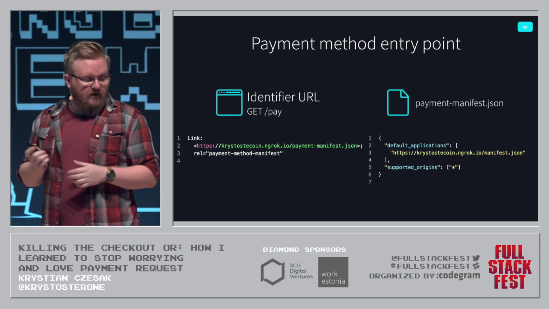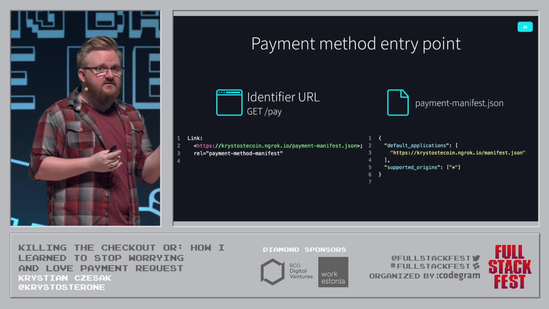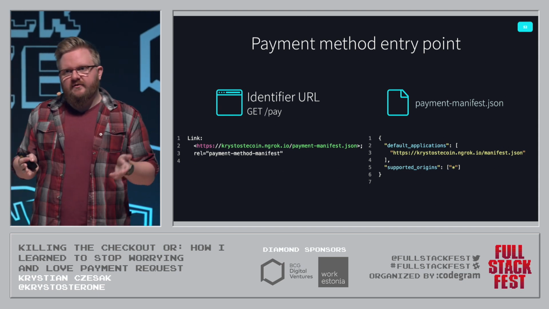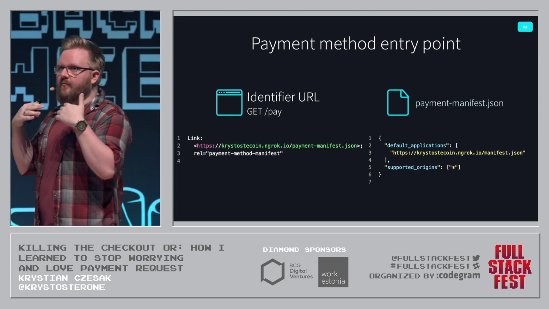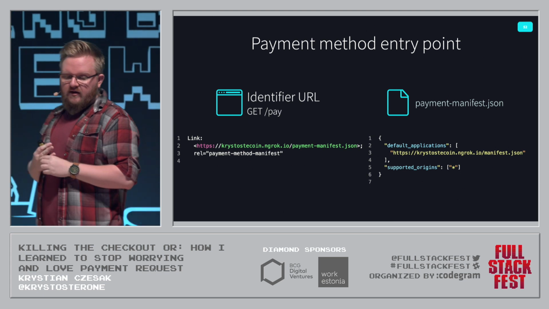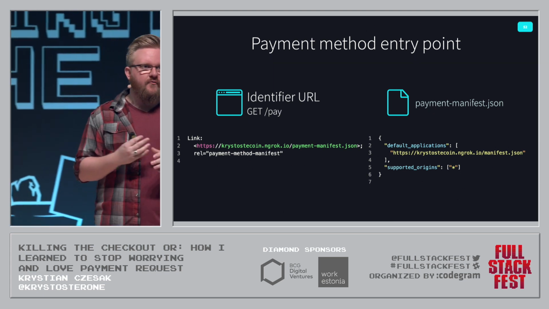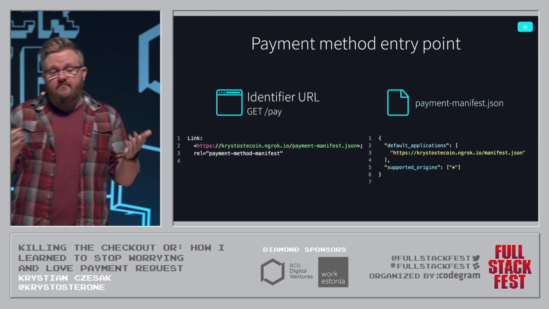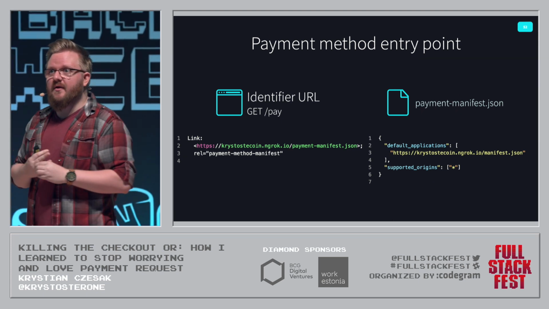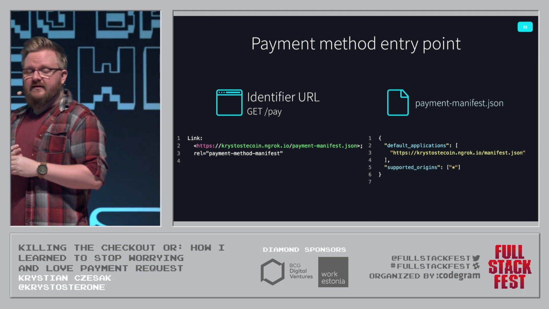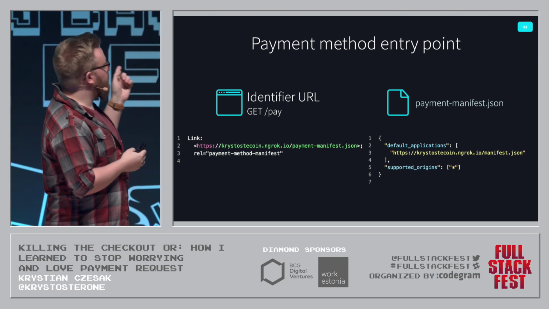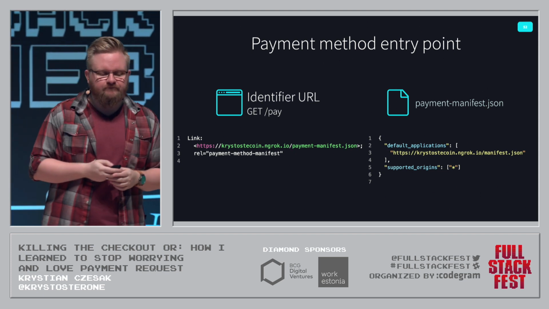Now, what this manifest contains is two keys: default applications and supported origins. All default application says is, here is where my payment web apps are located. And think of supported origins as a way for third-party payment apps to actually start using my payment method. So let's say Krystian becomes really popular and PayPal wants to start using it. I have to explicitly either put it in supported origins or actually just put star so that anyone can start using it.